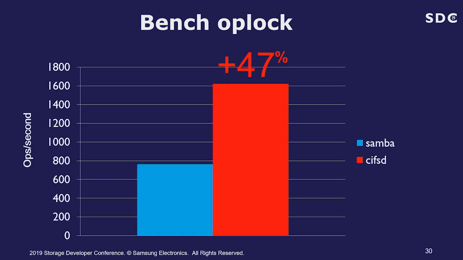The Opera bench results also show a big difference. This is maybe not an advantage of CIFSD working in the kernel, but rather an inevitable performance regression of the process model.